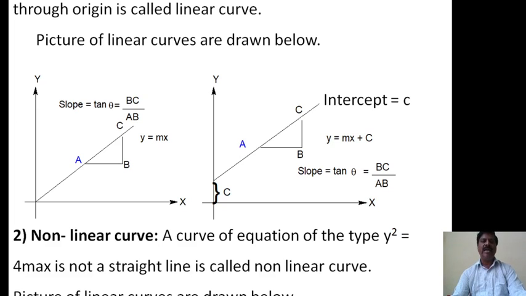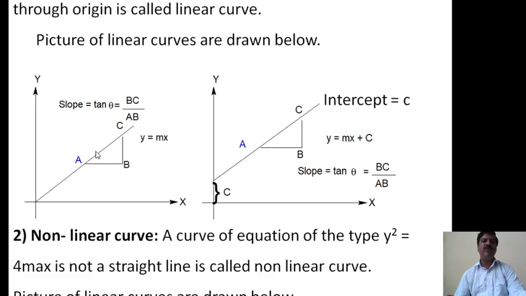And we have to calculate the slope of the linear curve by plotting a tangent, a right angle triangle, on that straight line.